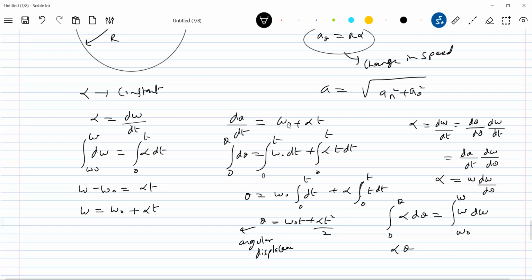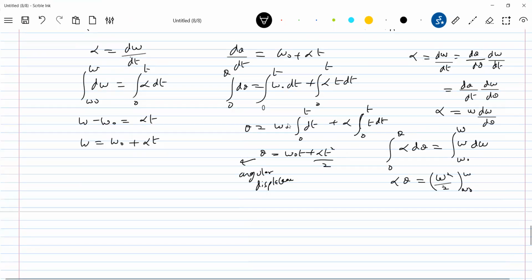So this will be alpha theta. So I think it is somewhere similar to the linear equations, no?